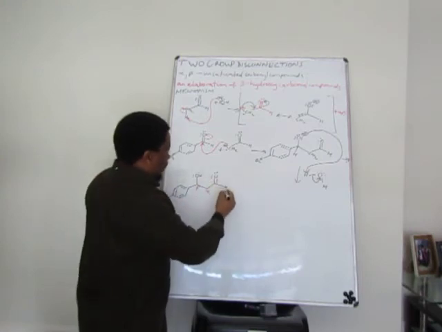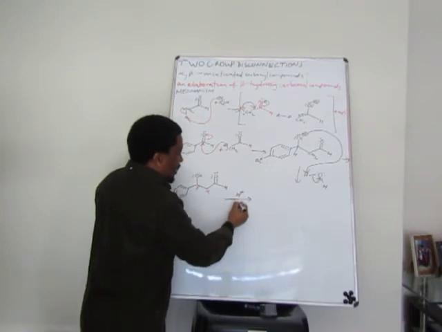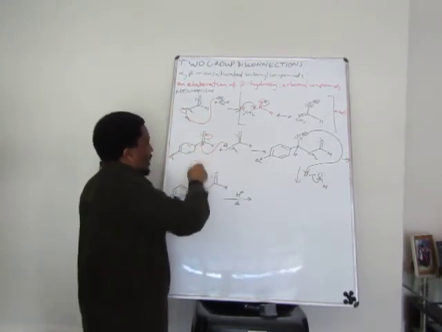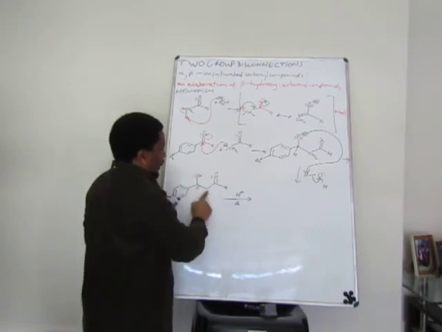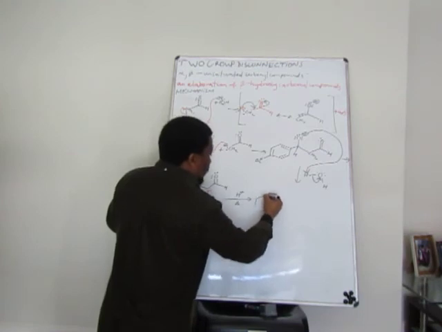Now I can easily treat this with acid, right? In the presence of heat, this will take away water, OH and H here, to form a double bond. This is what we get in this case.